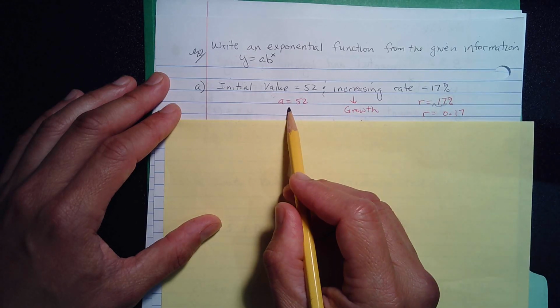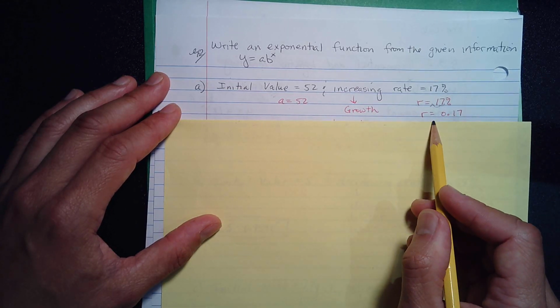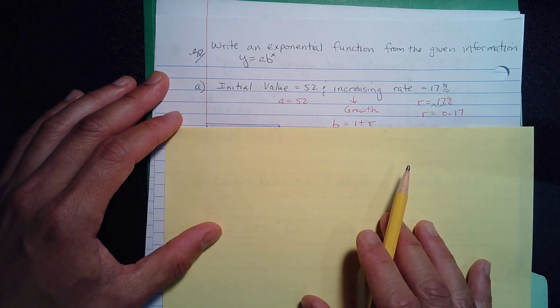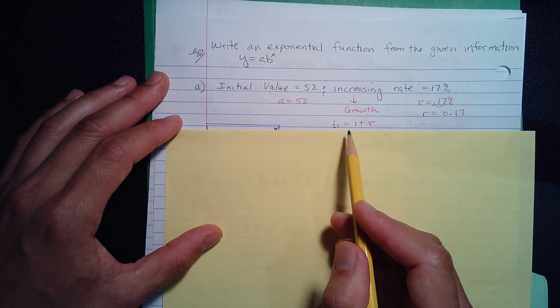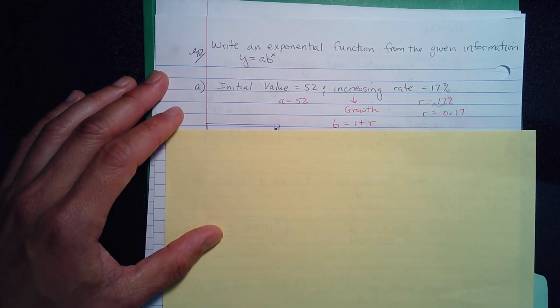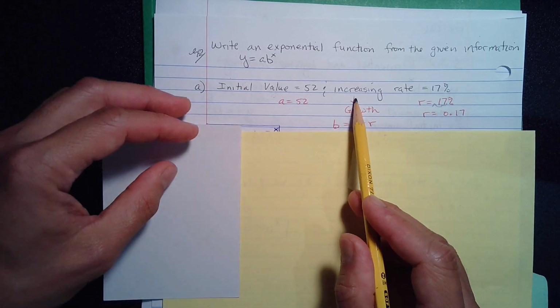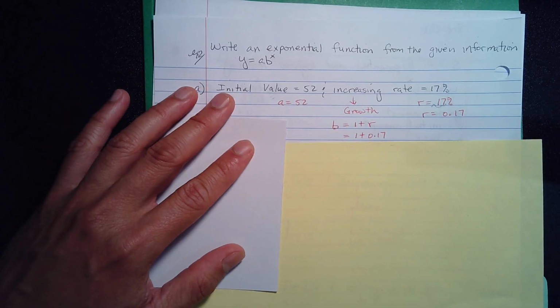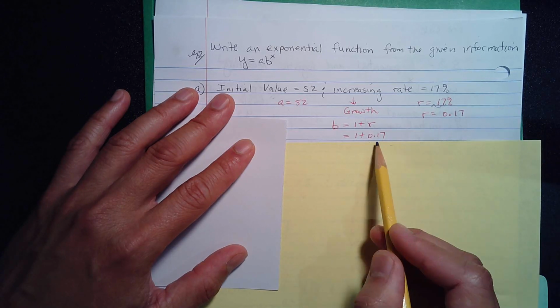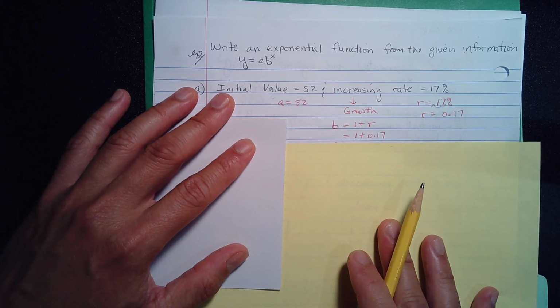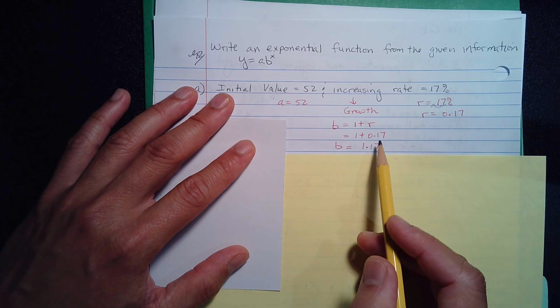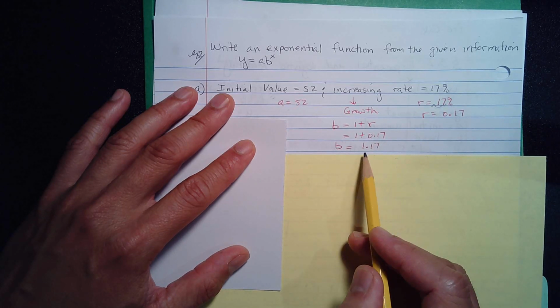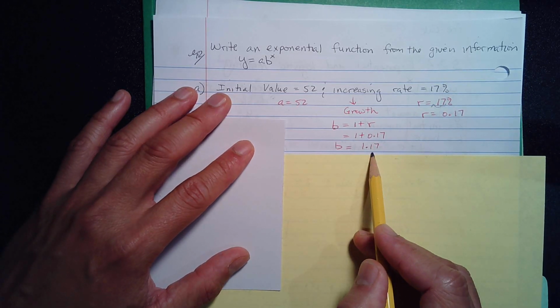We have our a, we have our r, and our b, well, we're going to find out what b is. B is going to be 1 plus r because increasing means growth. So this is 1 plus r, which is 1 plus 0.17, and b is equal to 1.17.